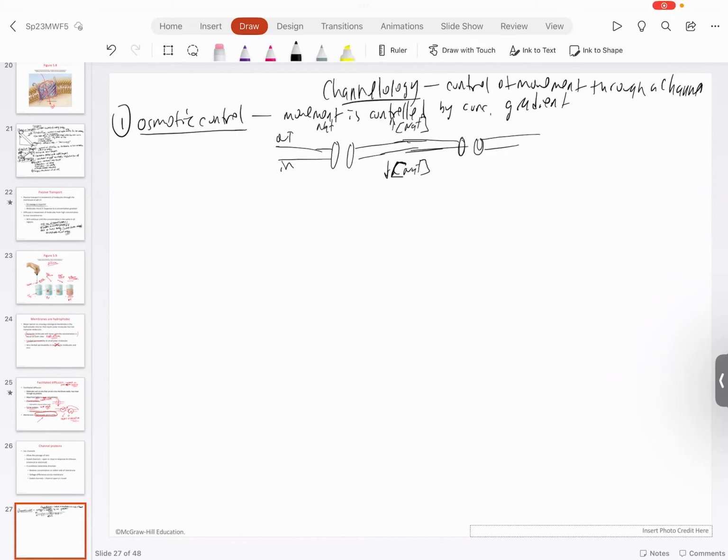Remember, all diffusion, facilitated included, moves from an area of high concentration to an area of low concentration. So the direction it's going to naturally move is into the cell, right?